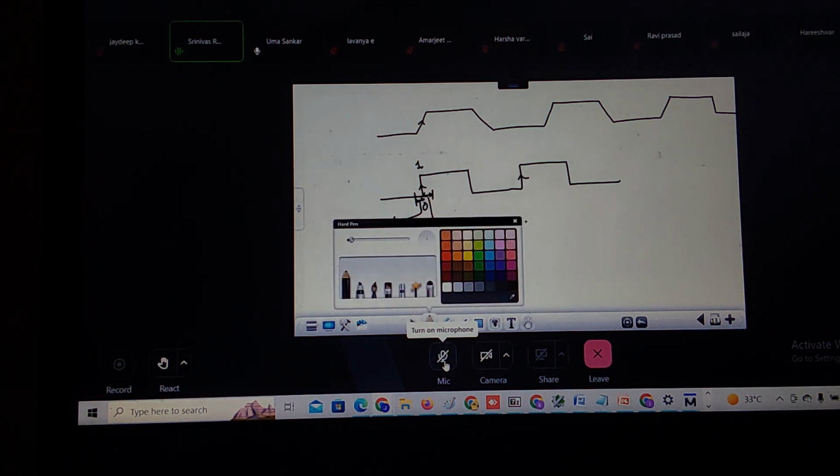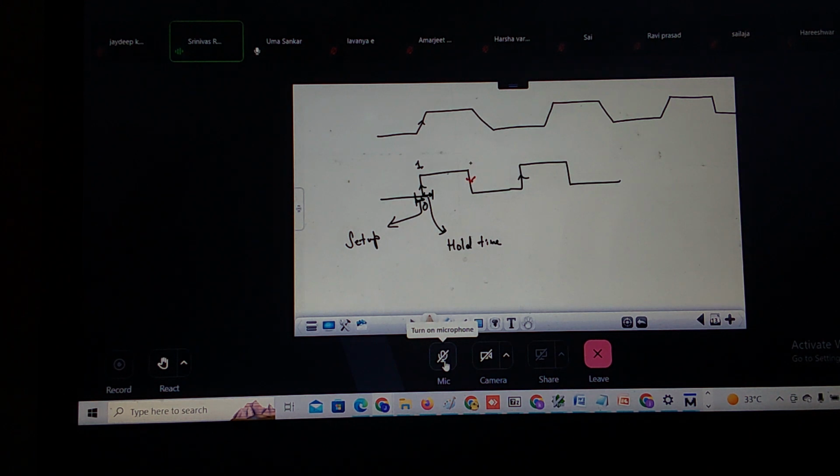In the case of a negative edge, the transition happens from 1 to 0. This period we call the setup time, before the 1 to 0 transition happens. And this period we call the hold time for the negative edge, 1 to 0 transition.